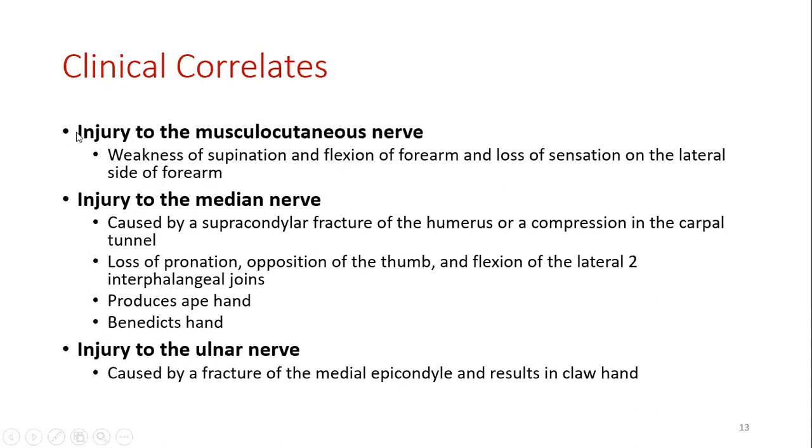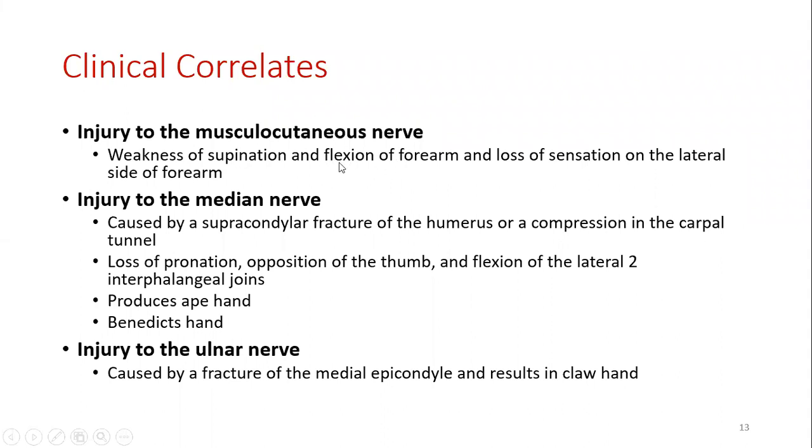So when you have injury to the musculocutaneous nerve, recall that the musculocutaneous nerve innervates the anterior compartment of the proximal arm. Those three muscles are your biceps brachii, your coracobrachialis, and your brachialis. You'll end up with weakness of supination because your biceps brachii's main action is supination, but it also flexes along with brachialis.